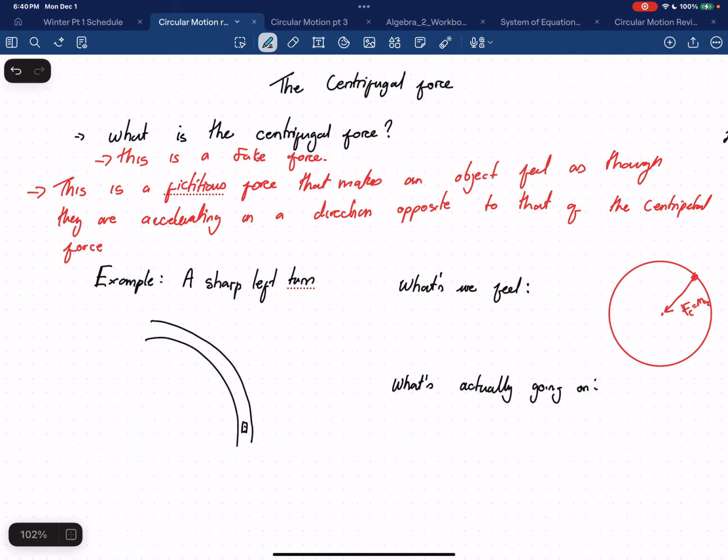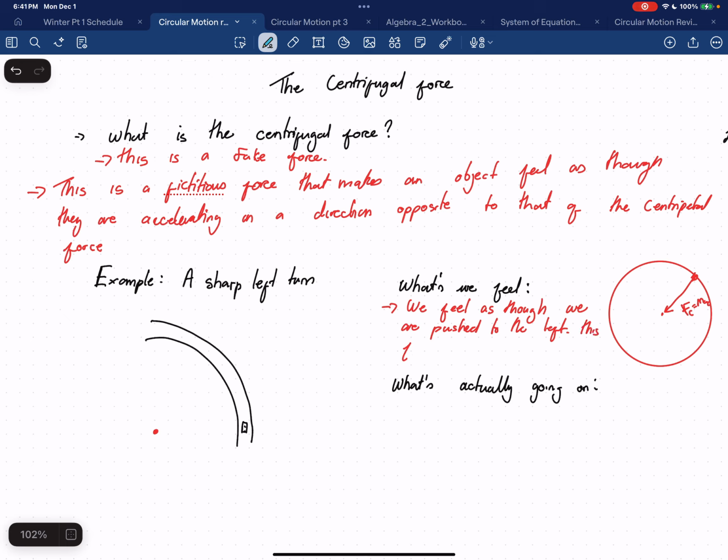What we feel as we go along this sharp turn is as though we are pushed to the left. It feels as though I'm pushed to the left.